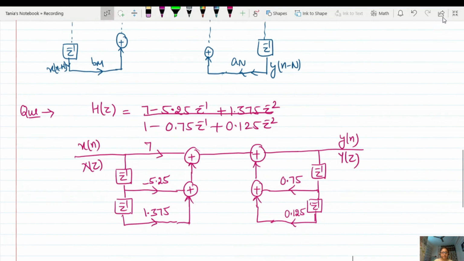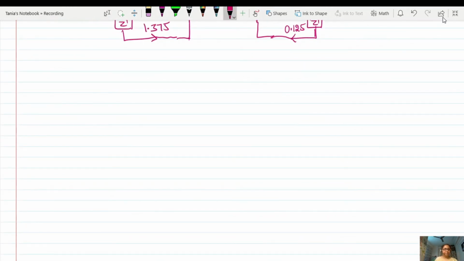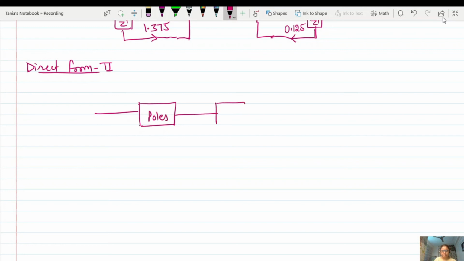Now we move towards direct form 2. In the direct form 2 realization, we first realize the poles and then realize the zeros of our system.